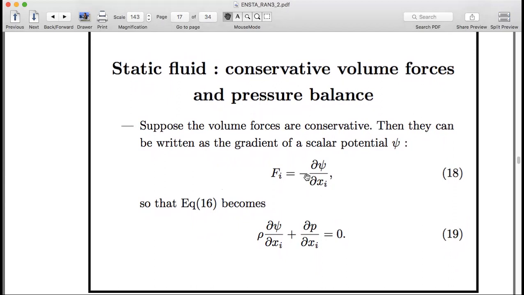Now let's assume that the volume force is what we call conservative. And here's what that means mathematically. It means that the ith component of the force can be written as minus the derivative d by dxi of some function phi, or sorry, psi, which is called a potential function.